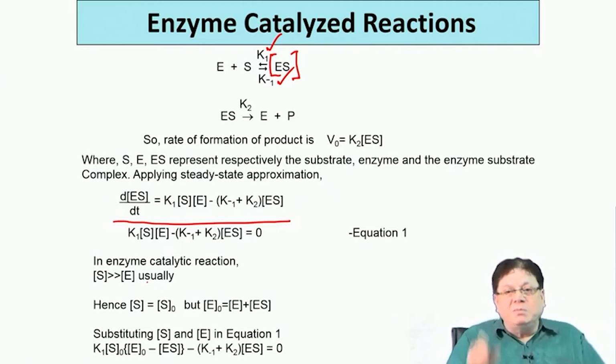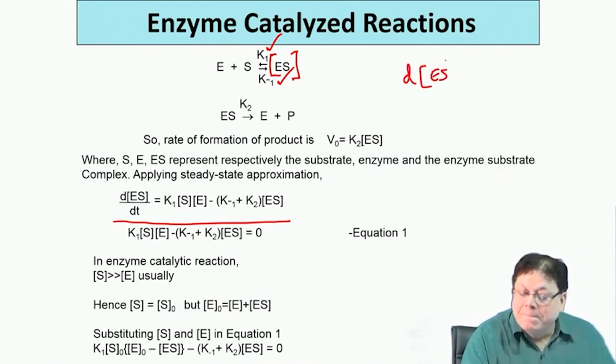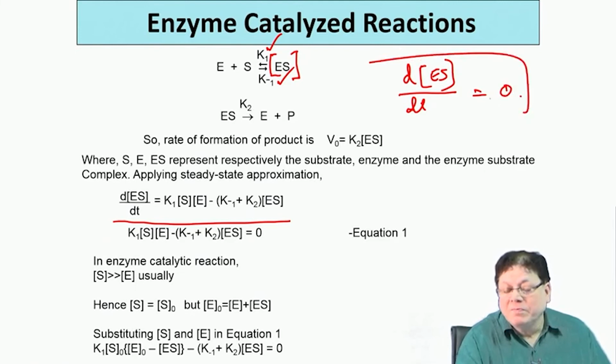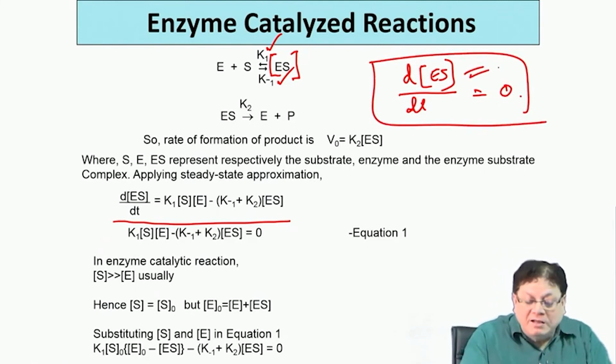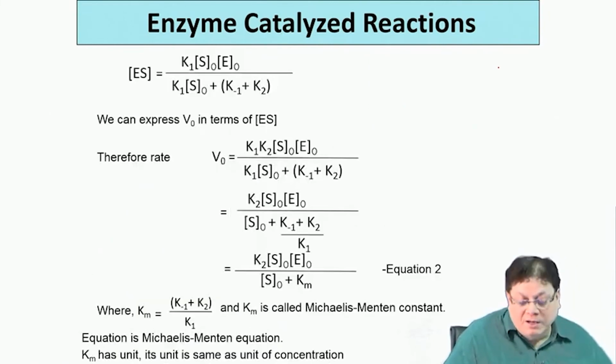If that be the case, that means the change in the concentration of ES with time is equal to 0, because if something is constant, the differentiation is 0. So, you apply this steady state, and finally you come to an equation which is this one.